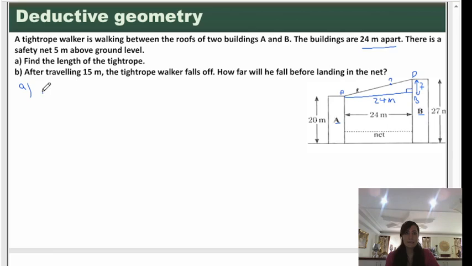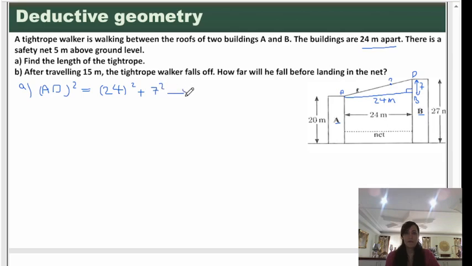So AD to the power of 2 equals this length to the power of 2, which is 24 to the power of 2, plus 7 to the power of 2.